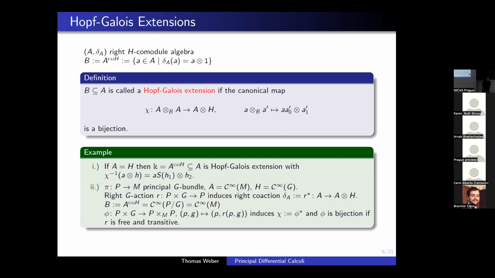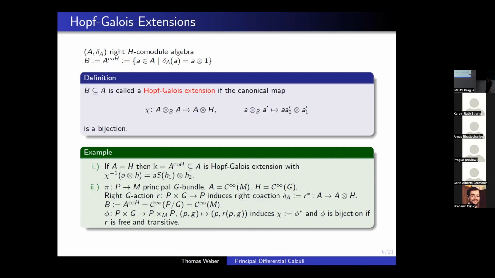The next thing, also quite basic, is about Hopf-Galois extensions. Here we also start with a right H-comodule algebra, and we are looking at this subalgebra B given by the invariant elements under the coaction of H. So you can see that's written here, all the elements a, such that if I act with the coaction on a, it just gives you a tensor 1.